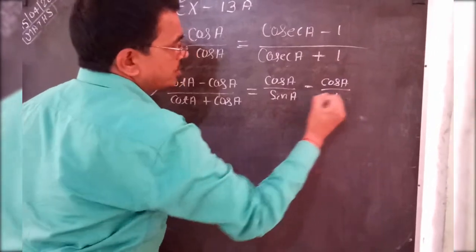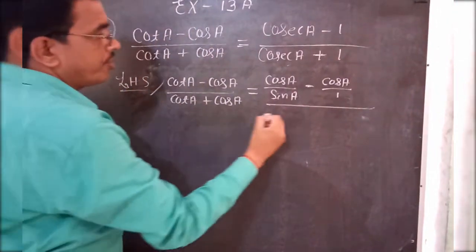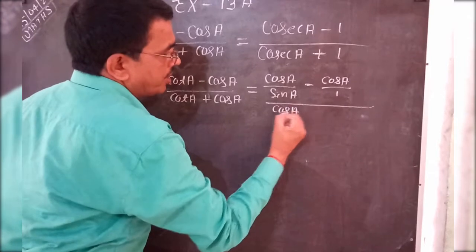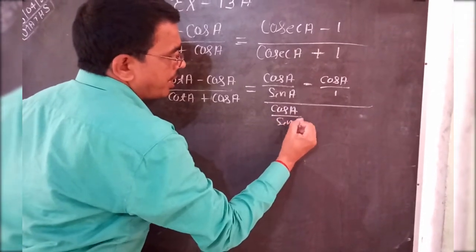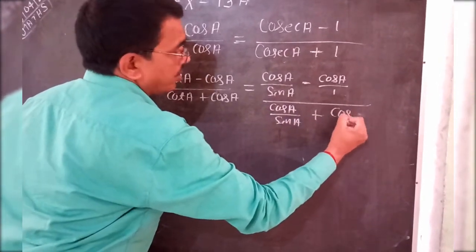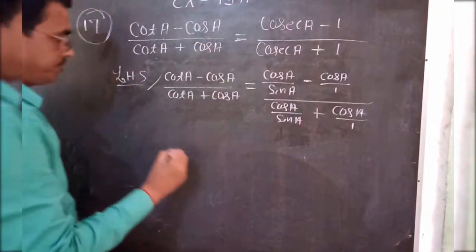Here you know anything, so 1. Here cot A, then it is cos A by sin A plus cos A by 1.